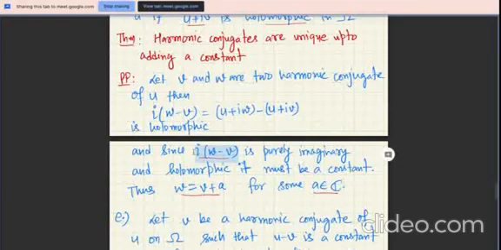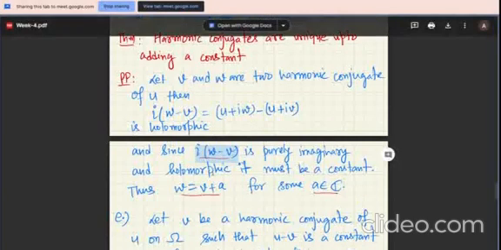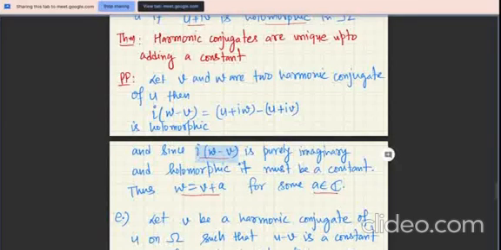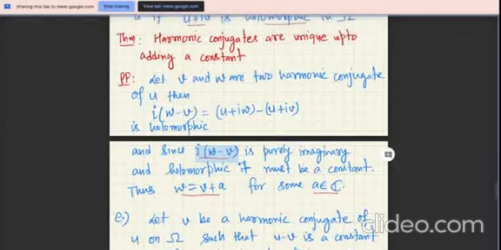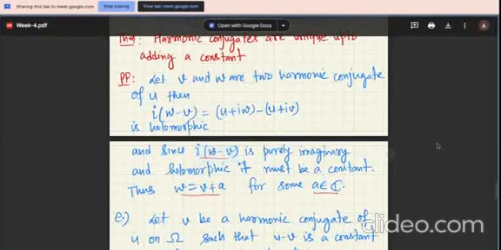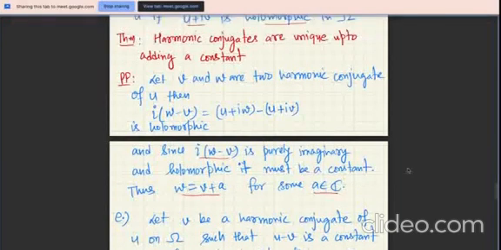Because w and v are two harmonic conjugates of u, so w minus v is real only, and you are just multiplying with i. So this will be purely imaginary and holomorphic, so it must be a constant. And thus we get w is equal to v plus a for some a belongs to C.